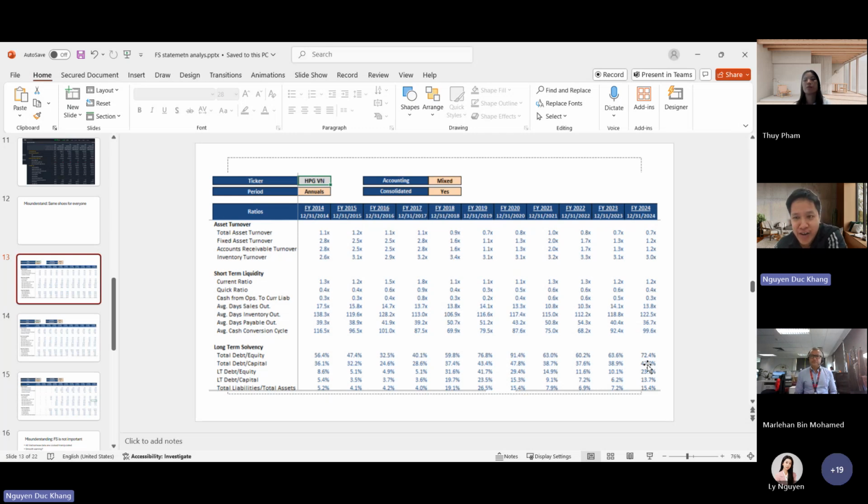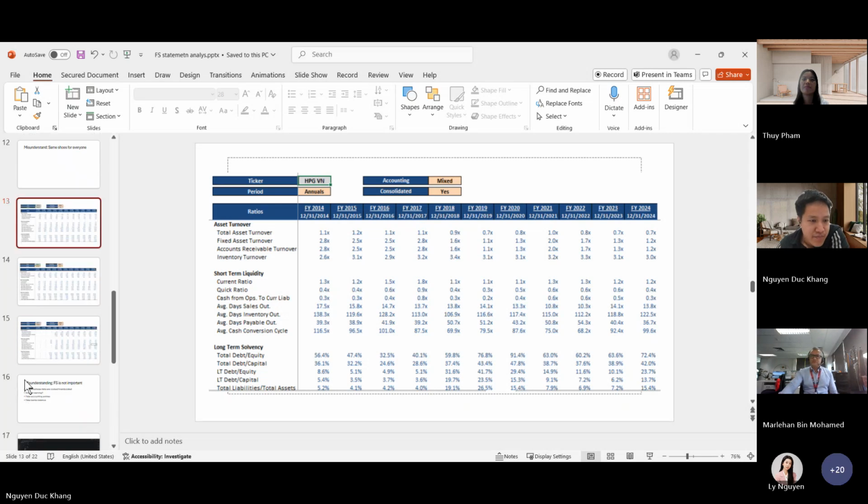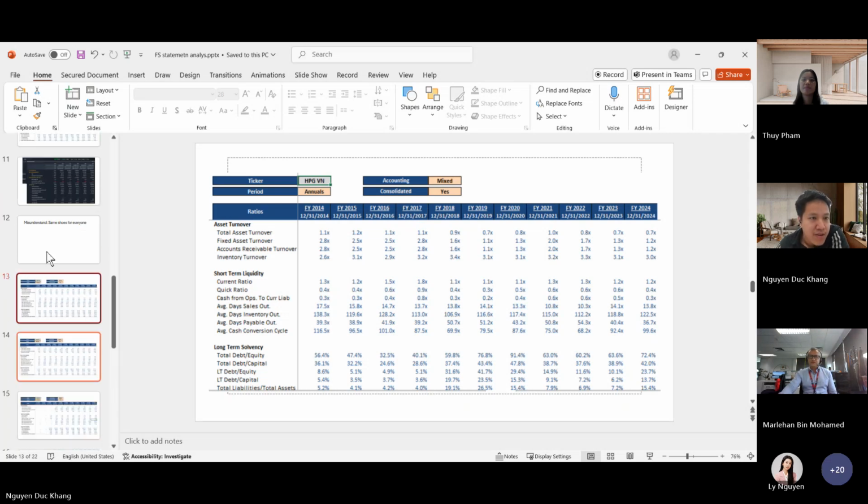That is something we should know by looking at this ratio. You can see this one focuses on debt: how much debt? Is it long term or short term? Why? And all has to be linked to their business model.